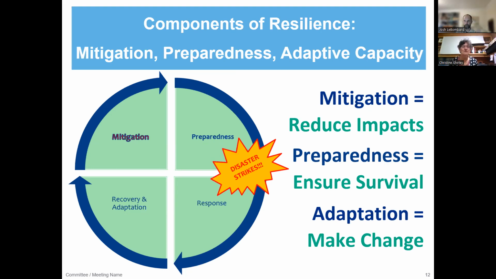So much of our resilience response has been post-disaster, and we're looking for proposals that reduce the impact of natural hazards, ensure survival, and create positive movement forward towards transforming into the new climate environment. Thinking about that before the event happens. We can go on to the next one.